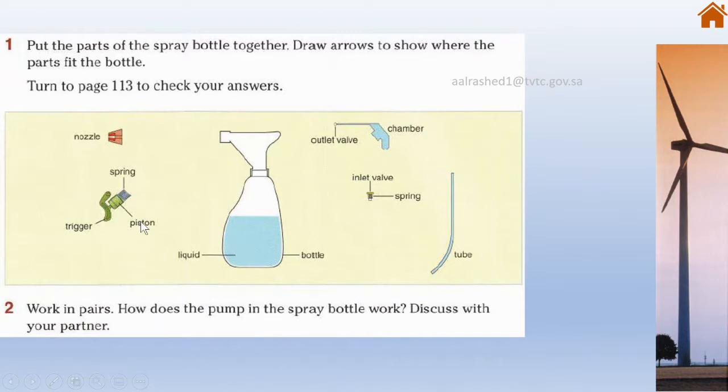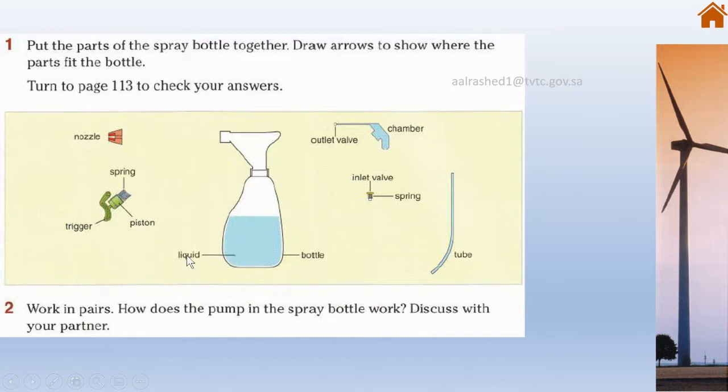So we have the piston. The piston allows the water to be released also. We have a liquid. Liquid has different kinds. It might be water, a drink, a chemical substance.